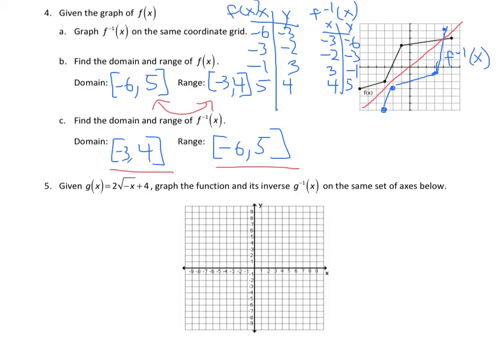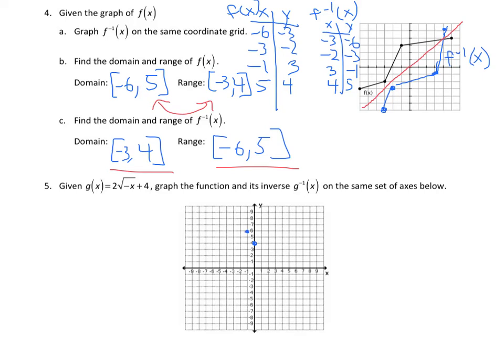So I'm going to shift it up 4, and I'm going to be going to the left because it's reflecting over the y-axis. And instead of going left 1 up 1, I go left 1 up 2 because the y value needs to double.